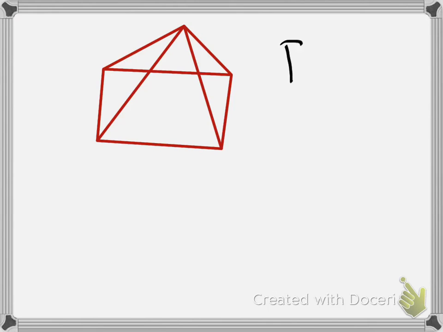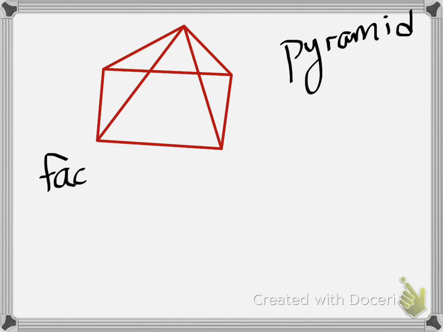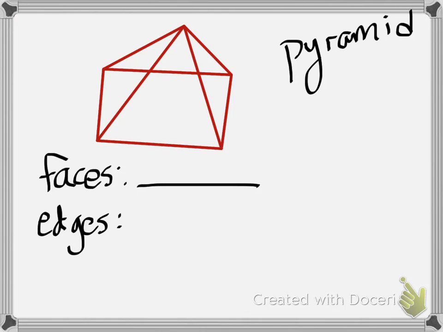Okay, this one is a pyramid. Okay, so hopefully it sort of looks like one of the pyramids in Egypt, sort of. Okay, see if you can figure out before I start typing it, how many faces, how many edges, and how many vertices.